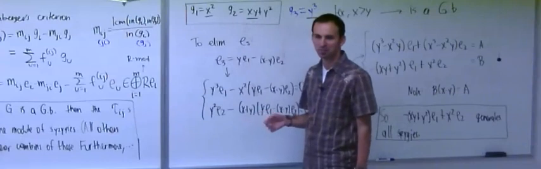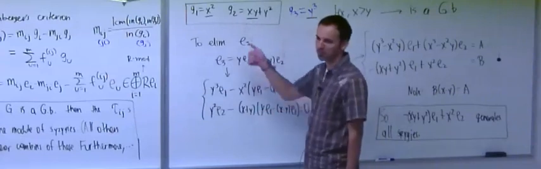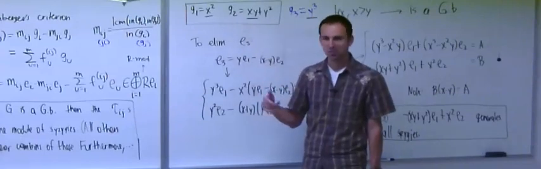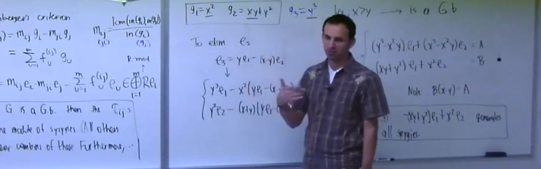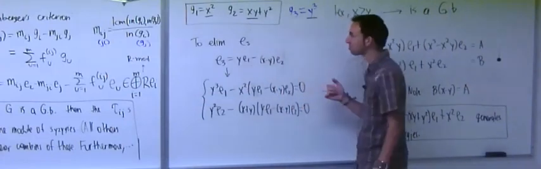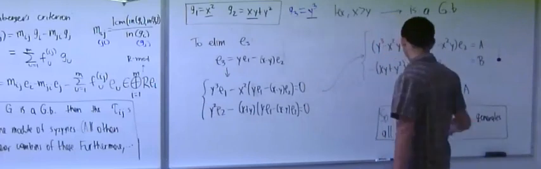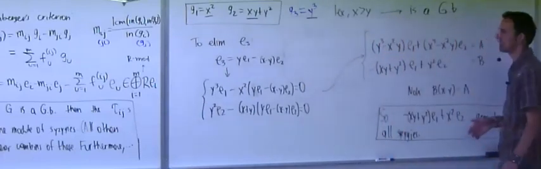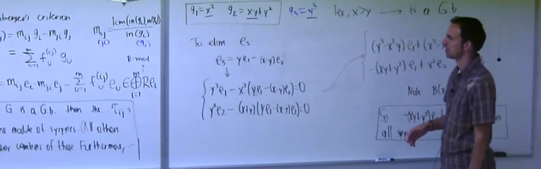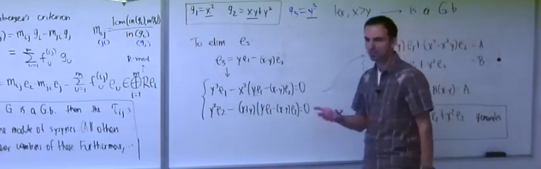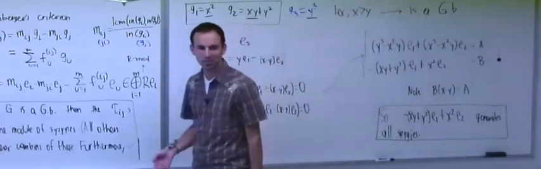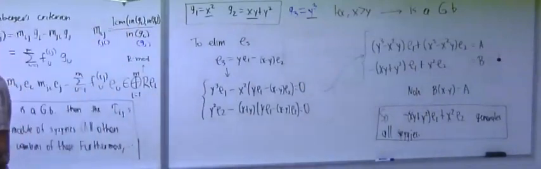But the point is, first of all, that this is a very simple example, but you can do this for more complicated examples, and you will in the homework. But second of all, the good thing about these algorithms is that you don't have to think. You just plug into the machinery, and then out comes what you want. So that's how you compute syzygies. Okay.